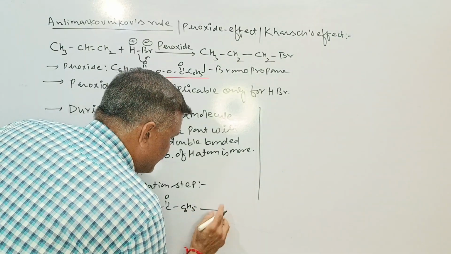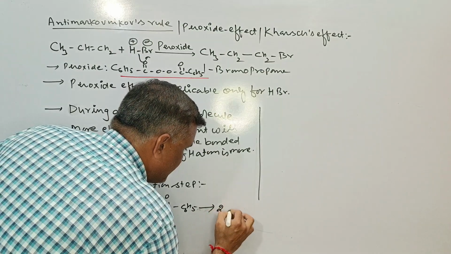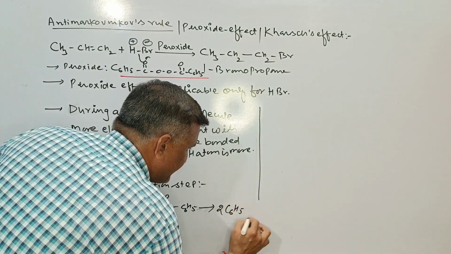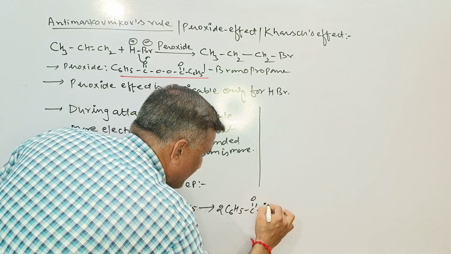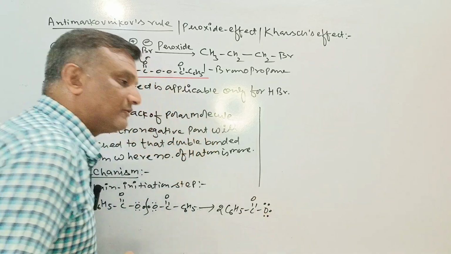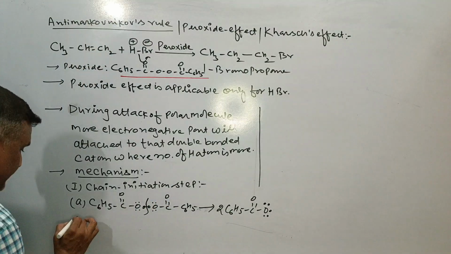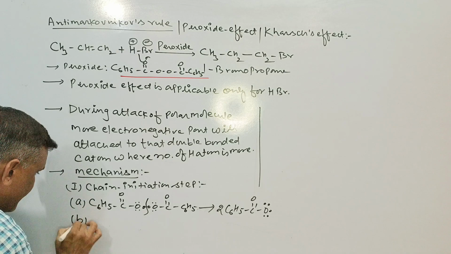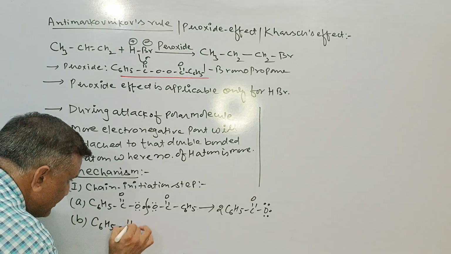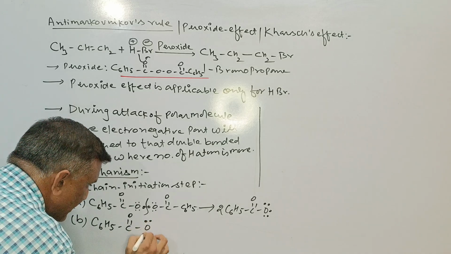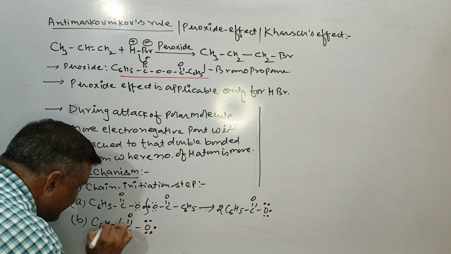So here will be the formation of two species, 2 C6H5COO, with one unpaired electron. If we go with the B step, then this C6H5COO with an unpaired electron dissociates as follows.